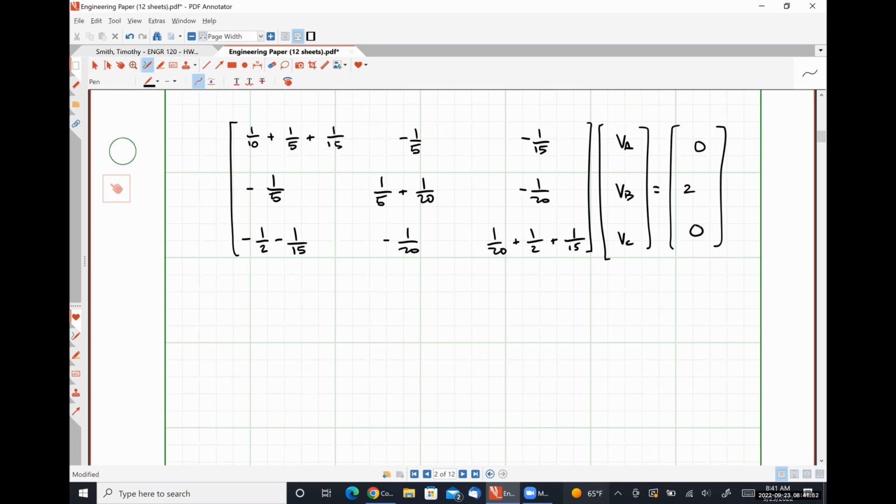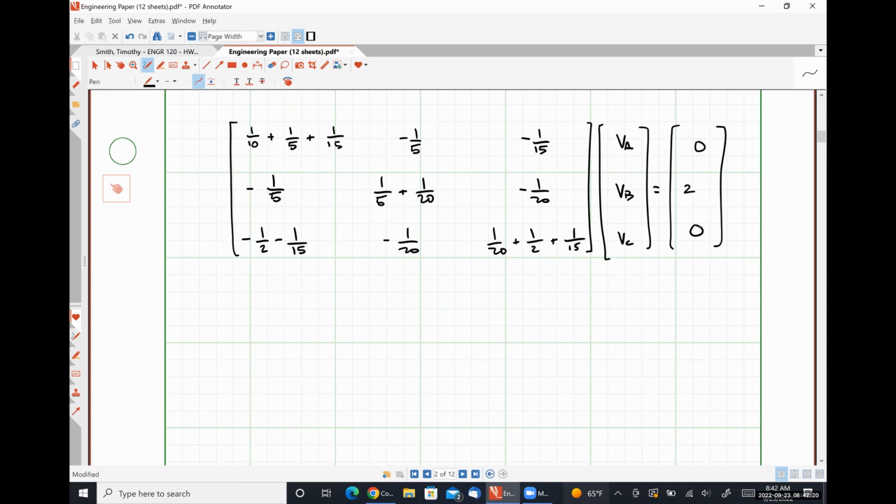So I'm going to use the TI-36 here because that's the one I'm more comfortable using. Going to my system solver, this is a 3x3 linear system. And I'm literally just going to type in for my coefficient for VA, 1/10 plus 1/5 plus 1/15, and then let the calculator figure out what that is numerically.